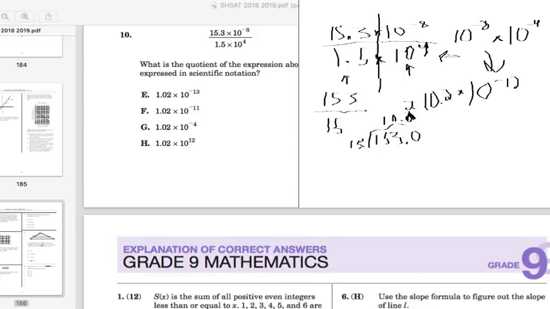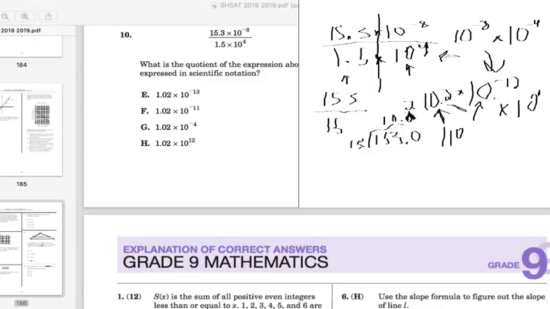So what we have to do now is consider this. To make this 1.02, we're going to divide it by 10. If we're going to divide this side by 10, then this side we have to multiply by 10. So we're going to do times 10 to the 1, right? The 10.2 we divided by 10.